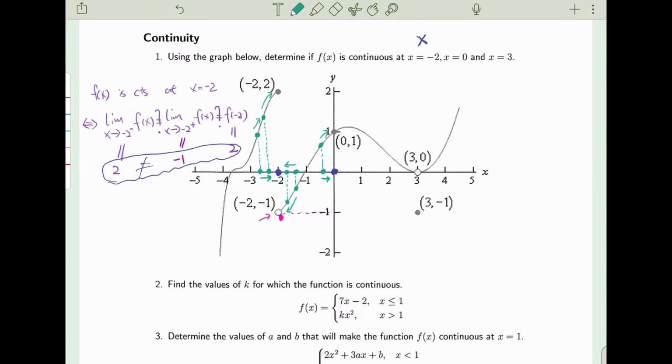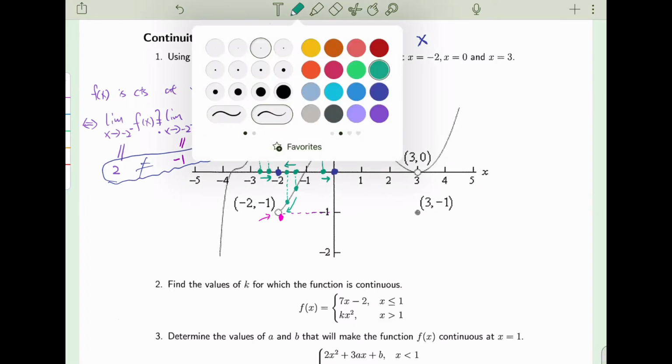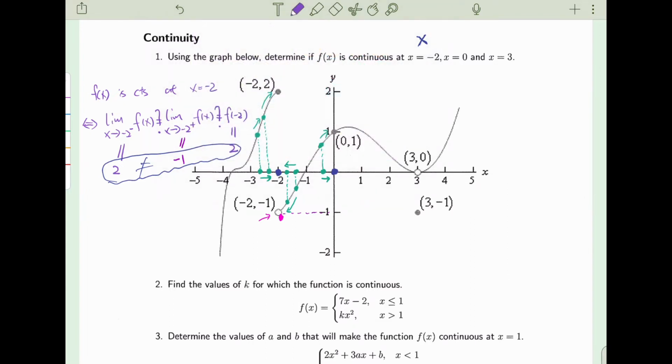And you see that at the moment the green point is touching the blue point, the green point on the curve is touching the solid dot at the point (0, 1) on the curve there. So now we can conclude from the graph that the limit as x goes to 0 from the left side of f of x is equal to 1.